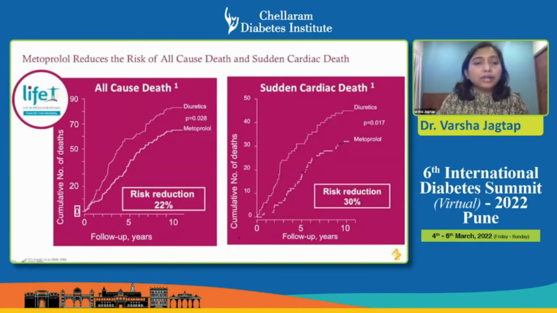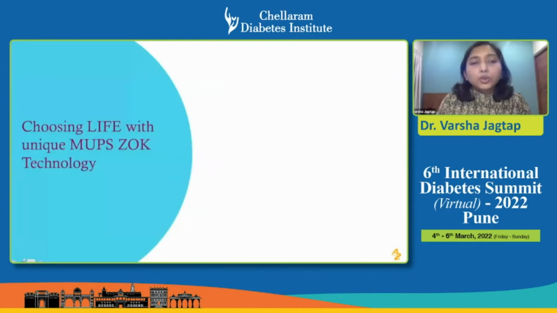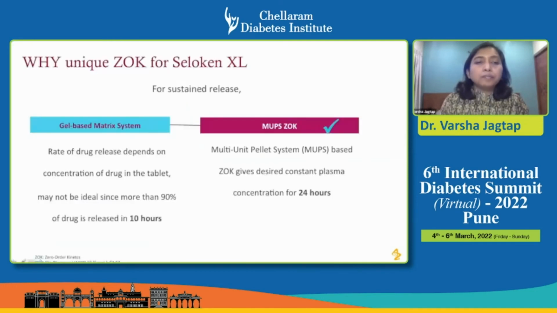So now we have decided to use metoprolol. What kind of metoprolol? Does that actually matter? So yes, it does. For many of the other extended release metoprolol, what is being used is a gel-based matrix system. In this gel-based matrix system, it may not be an ideal choice because more than 90% of the drug gets released in the first 10 hours.